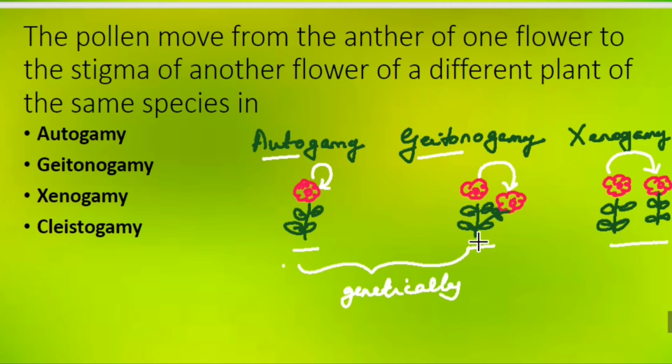In this case, we can say that this is functionally self-pollination, this is functionally cross-pollination, but genetically self-pollination. And one more way to remember is, it is in alphabetical order, A, G, X. Within the flower, within the plant, between two different plants.